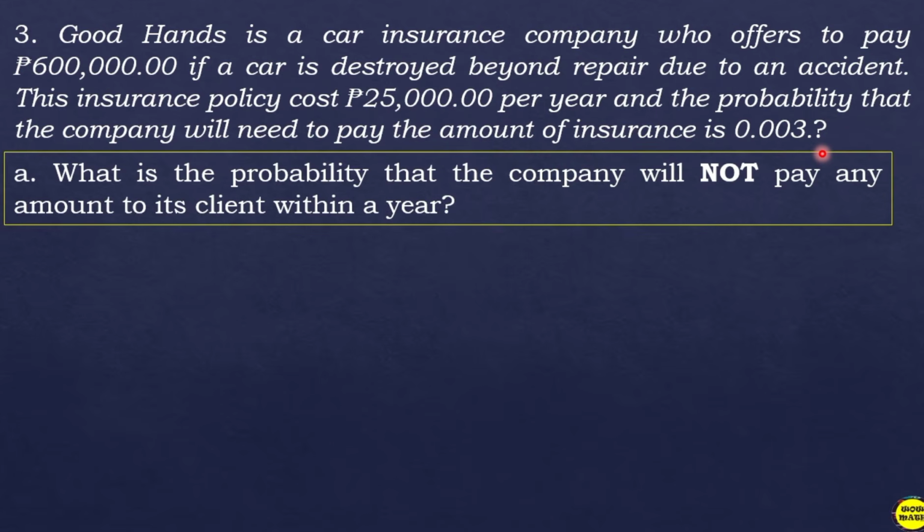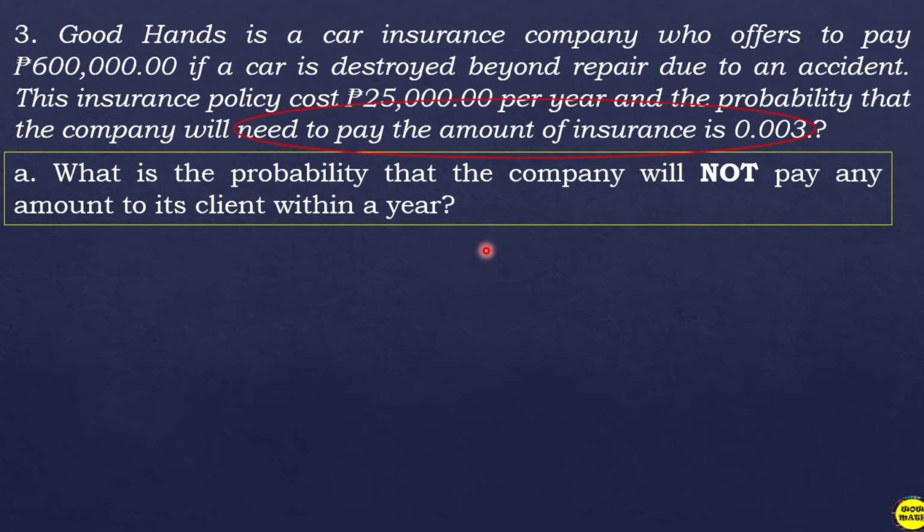So, based on the problem, what is the probability that the company will not pay any amount to its client within a year? Since it says here that the probability of needing to pay the amount of insurance is 0.003, how much is the probability that they will not pay? We know, right, one of the properties of a discrete random variable is that the corresponding probabilities of our random variable must equal 1. Since we already have 0.003, this is the corresponding probability that they will pay the amount of insurance per year.